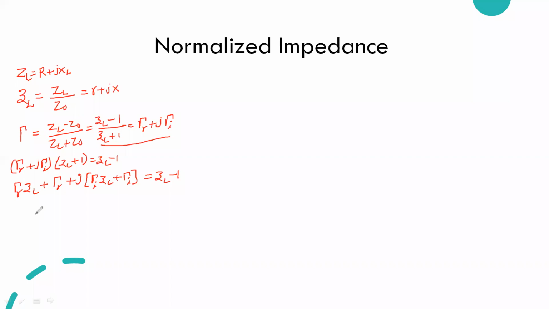If you take the common term, taking the ZL terms on the left hand side and the remaining terms on the right hand side, I'll have the final equation: ZL equal to 1 plus gamma R plus J gamma I divided by 1 minus gamma R minus J gamma I, equal to R plus Jx.